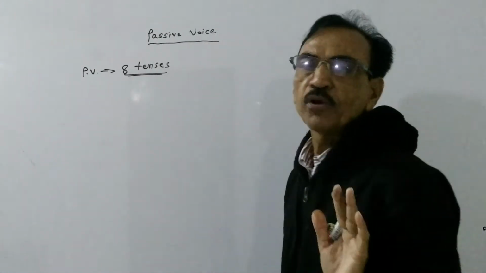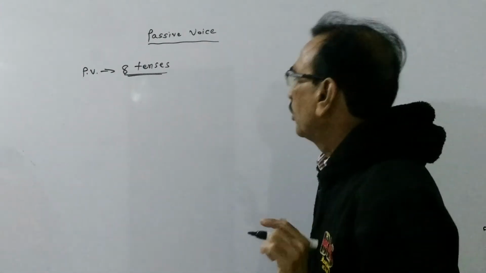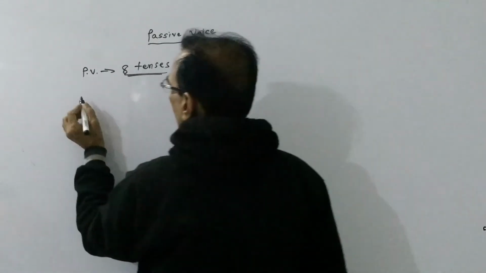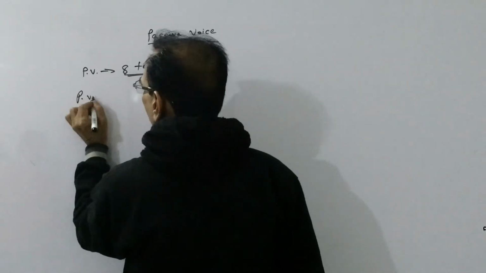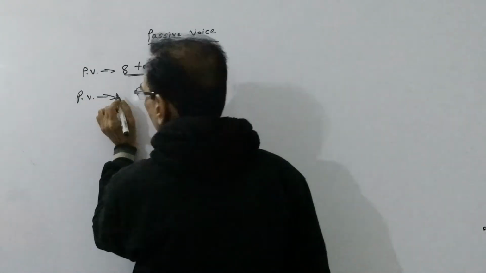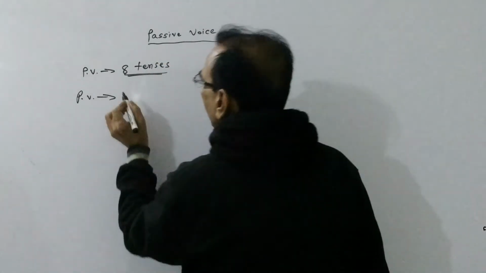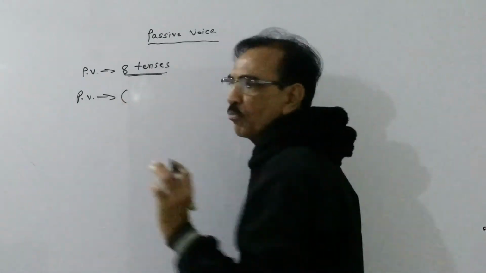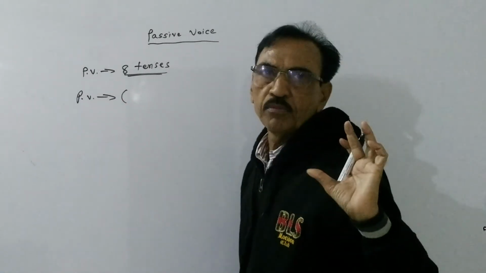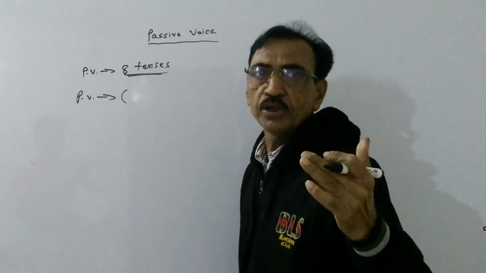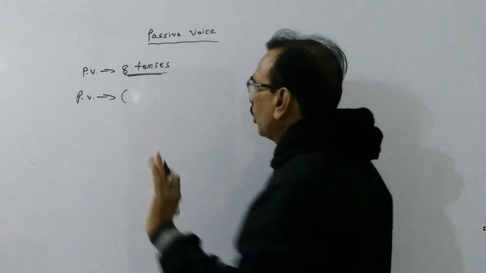Passive voice is possible only for 8 tenses, friends. Now, this passive voice is not possible without the use of the to be verb. There are 8 forms of the to be verb which we have to use while changing the sentence from active to passive.